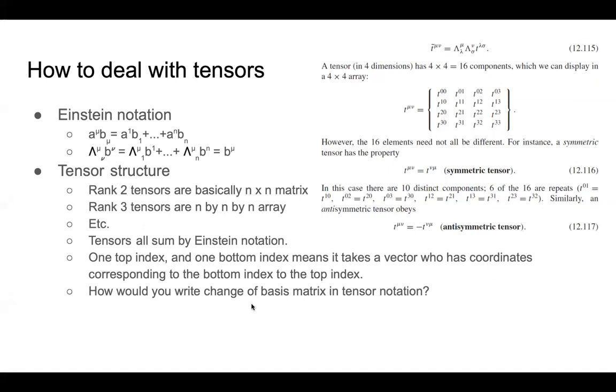I asked the question, how would you write change of basis in tensor notation? It's like equation 12.115 here. You have this matrix going to this matrix, and this is your change of basis matrices, like S and S inverse.